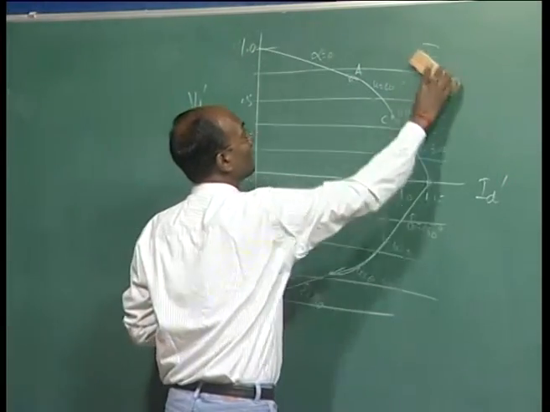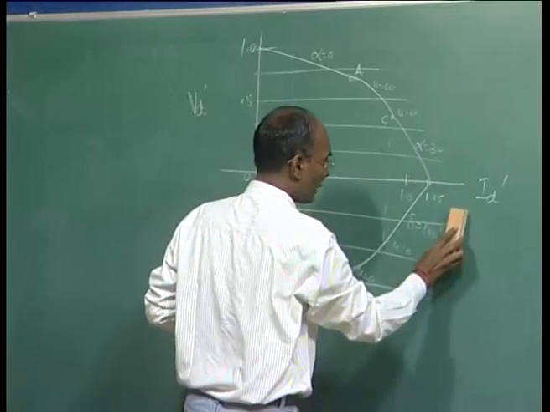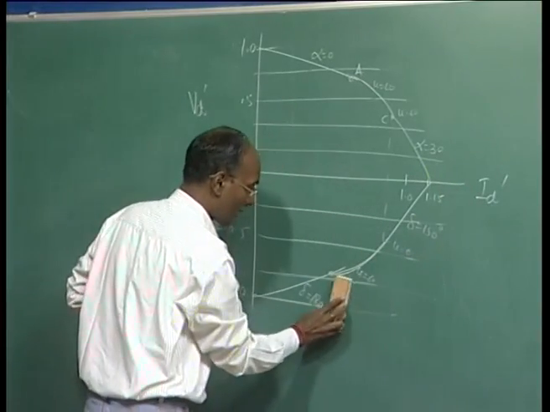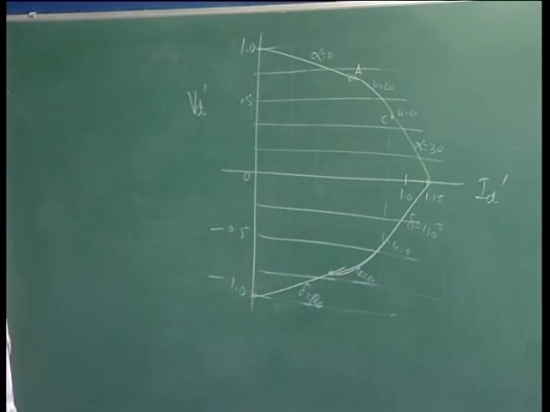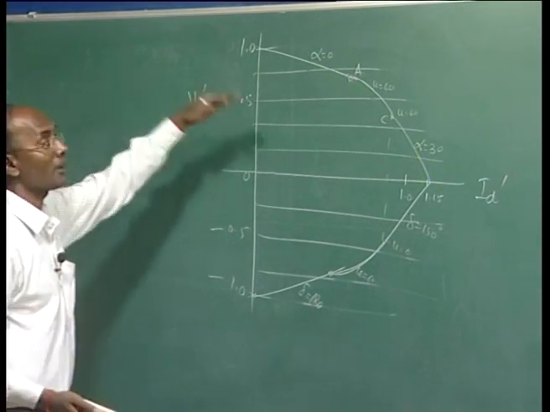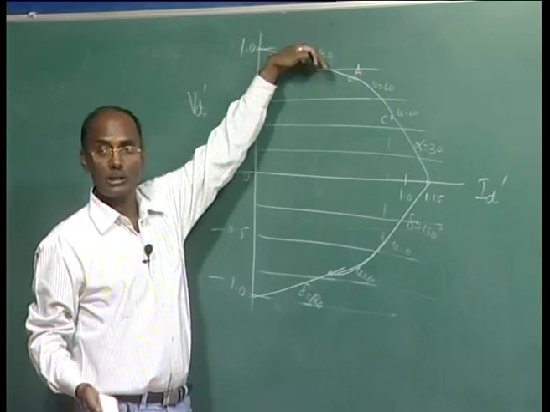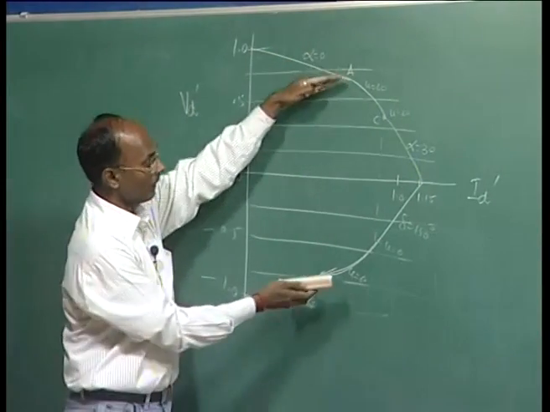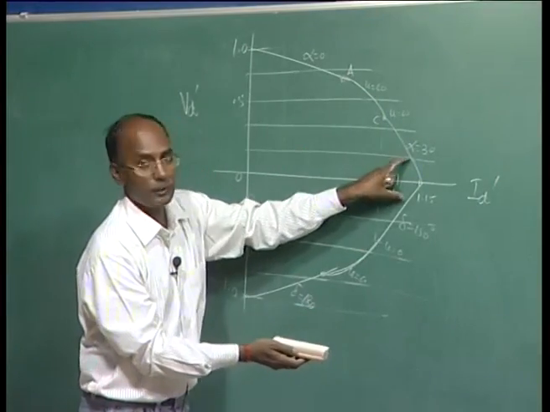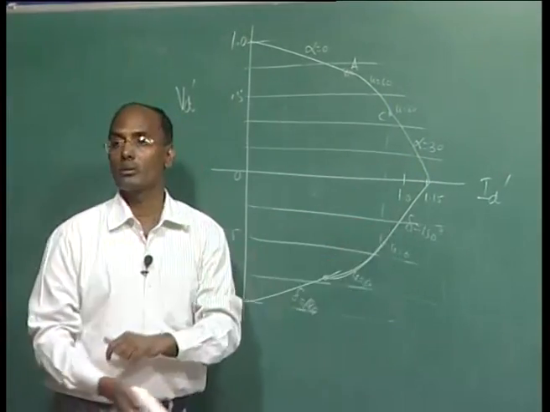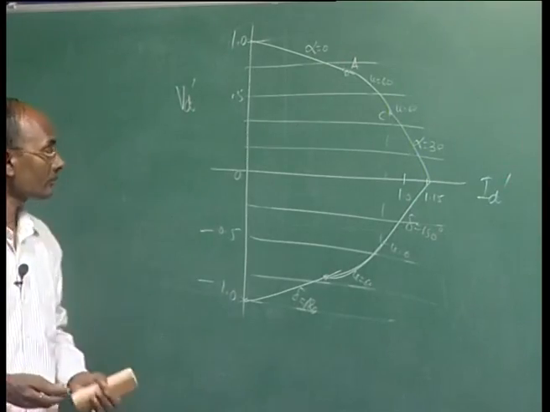So our characteristic here will be confined only to this zone, because we cannot operate our converter beyond this zone. This is the boundary of our operation. Here alpha is 0, then if you go to u is 60, you can go here, this is a limiting factor, and finally if you exceed 60, then this zone comes.